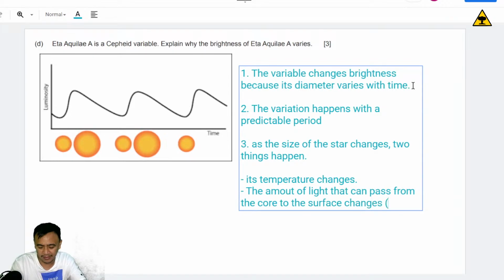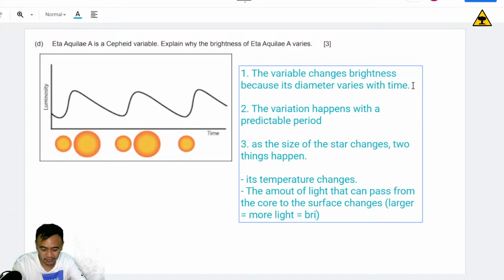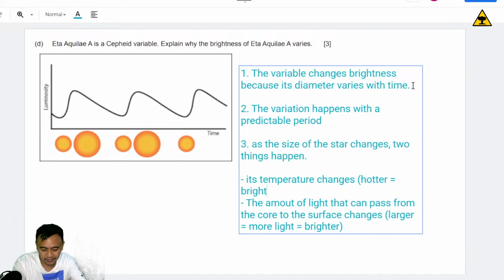I'm just going to put here: larger equals more light equals brighter. And then temperature changes. So what happens? Hotter equals brighter. That's it.